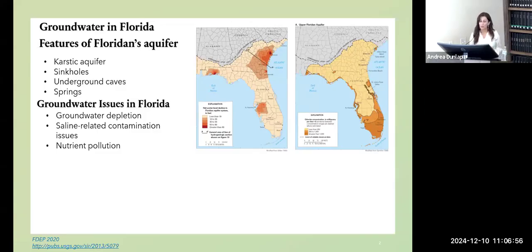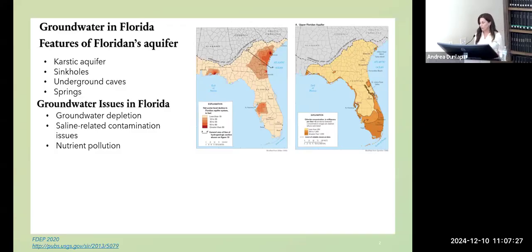These maps show groundwater depletion and salinity-related contamination in the state of Florida. And if you want to name the most important issues in Florida's groundwater system, based on the Florida Department of Environmental Protection and also the USGS, they reported groundwater depletion, salinity, and nutrient pollution.